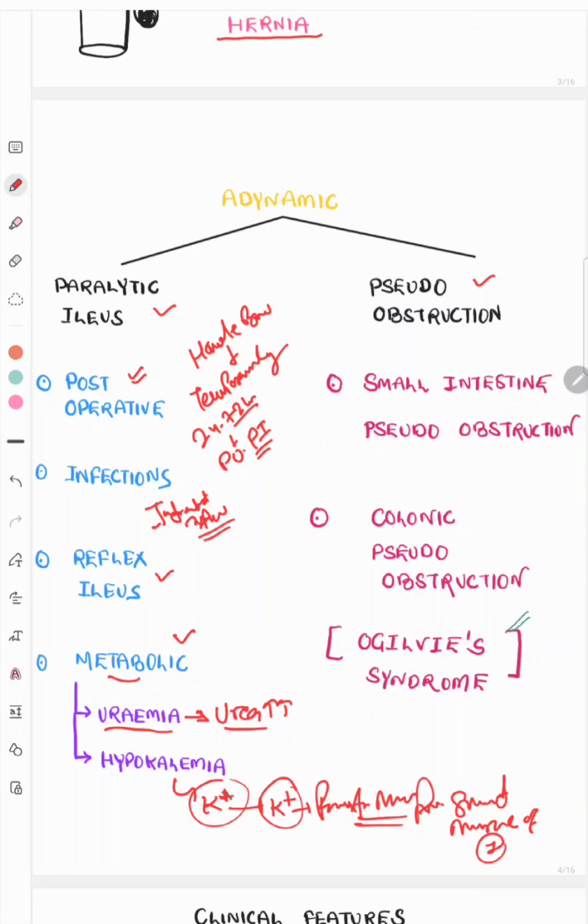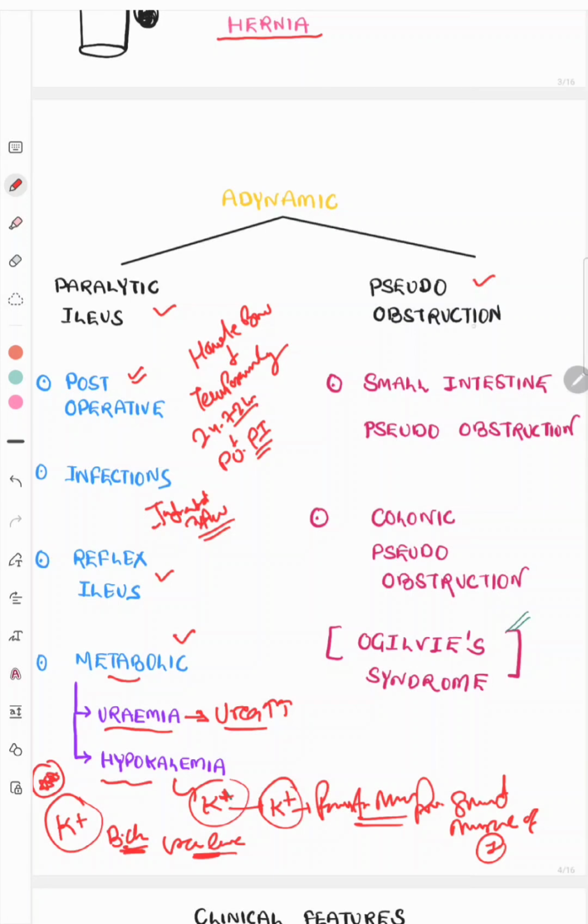So here is a catch. In adynamic obstruction, you should always check potassium in the biochemistry report, and urea level. These are the two points to remember.